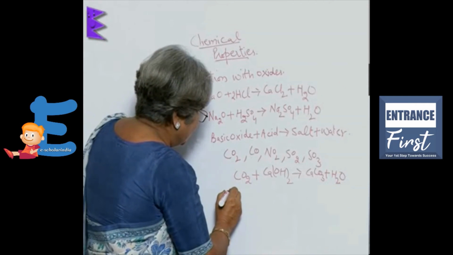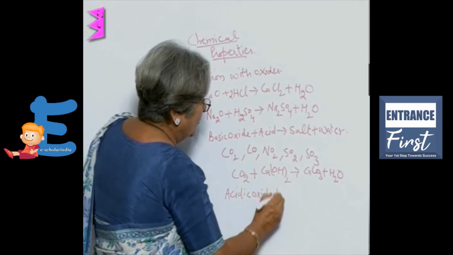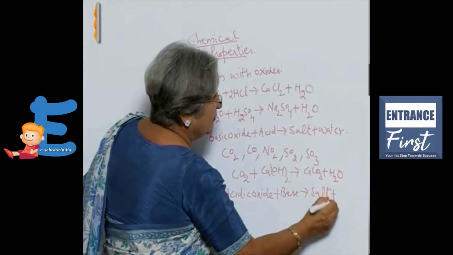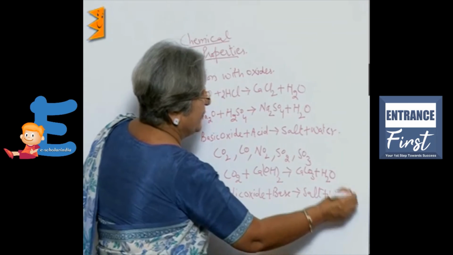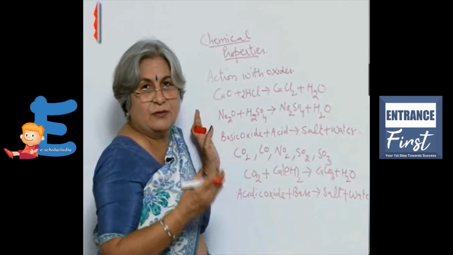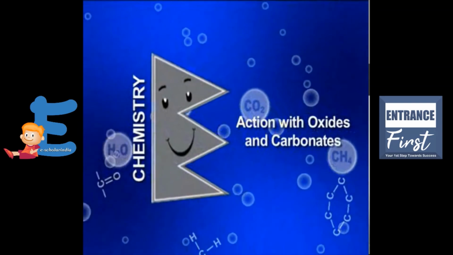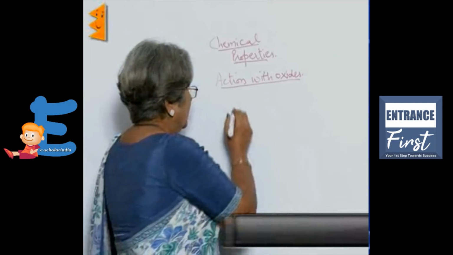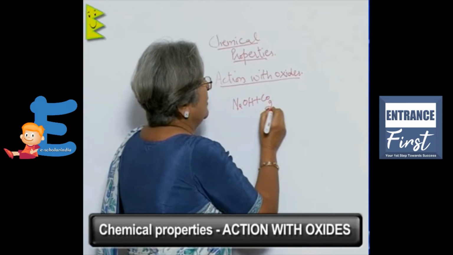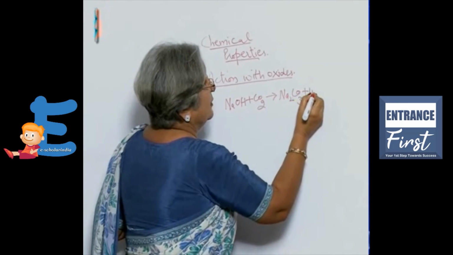So again it is acidic oxide plus base gives us salt plus water. See, whenever such examples are there, you must write as many equations as possible. That will give you practice in equations. Sodium hydroxide plus carbon dioxide will give you sodium carbonate plus water.